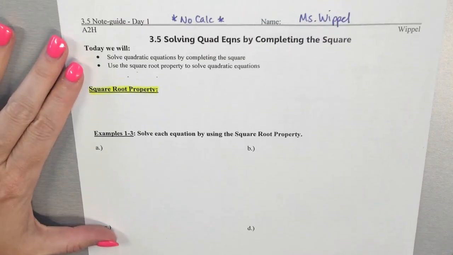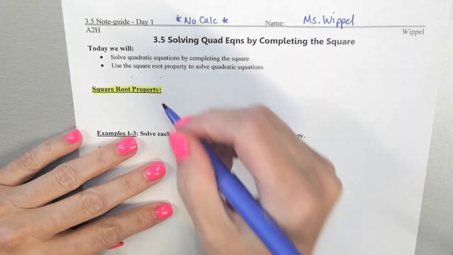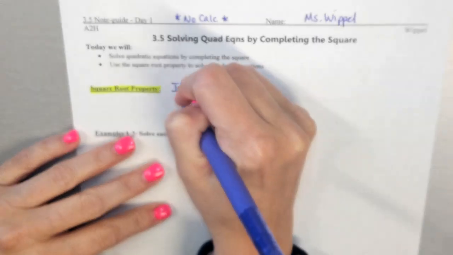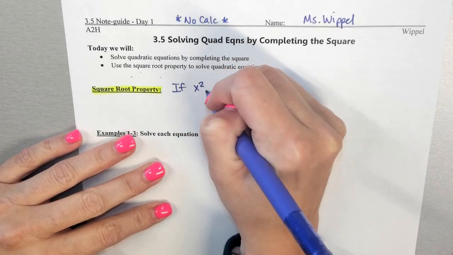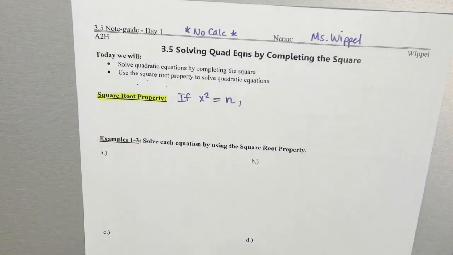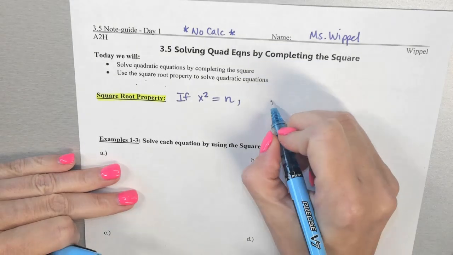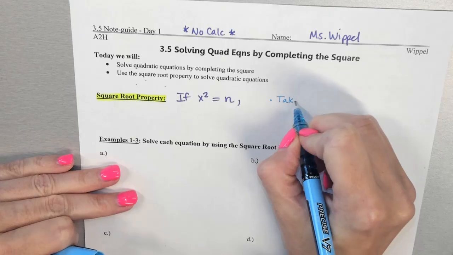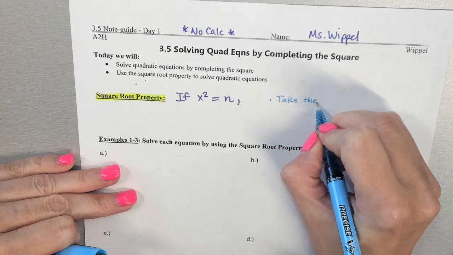Okay, so the square root property tells us if you have x squared equal to some number, which we're going to call n, then the first thing you're going to do is we are going to take the square root of both sides.